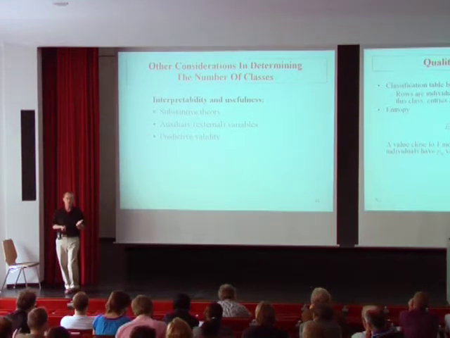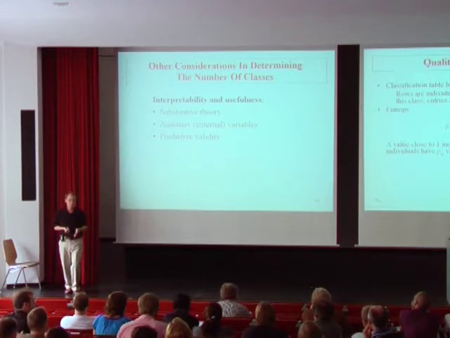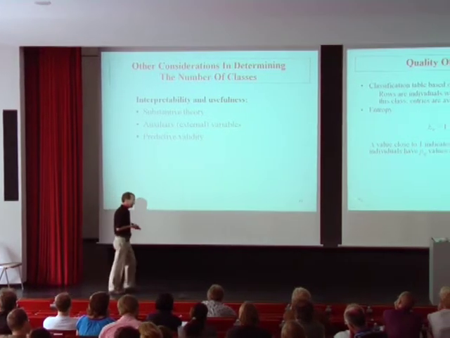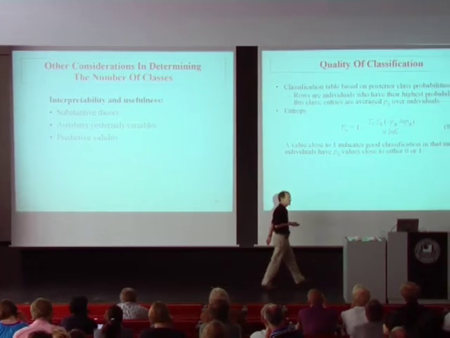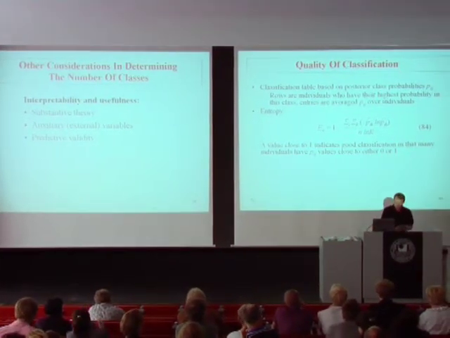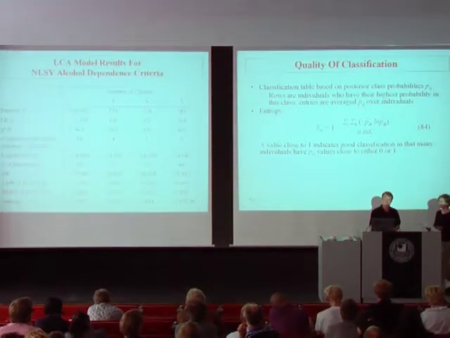A high R-square does not mean that you have a well-fitting structural equation model. Neither does a high entropy say that that's the model you should choose, the model that fits the data best. Well-fitting models can have a very low entropy. They fit the data well, but they won't be that useful.